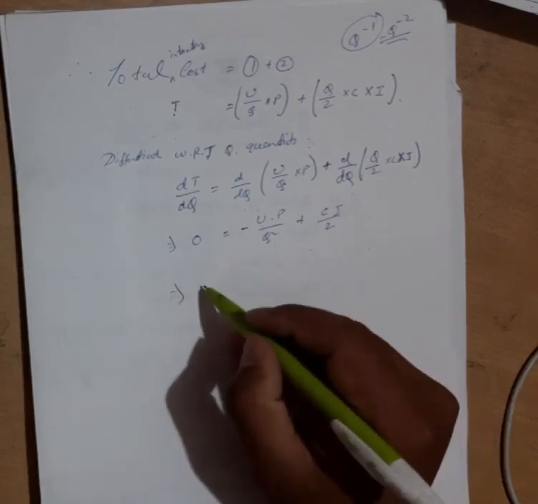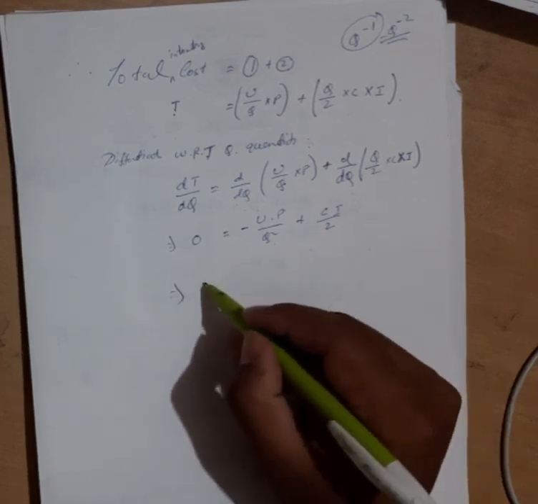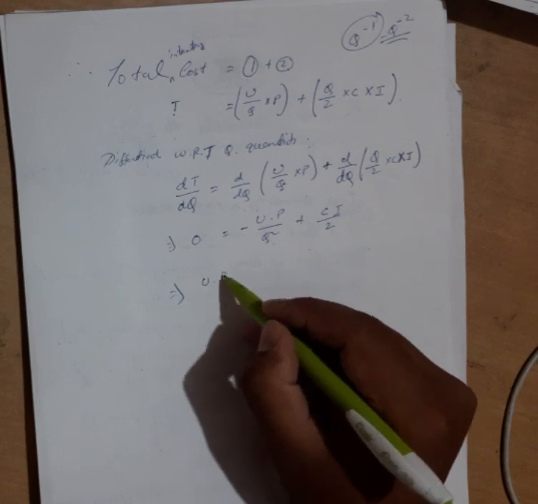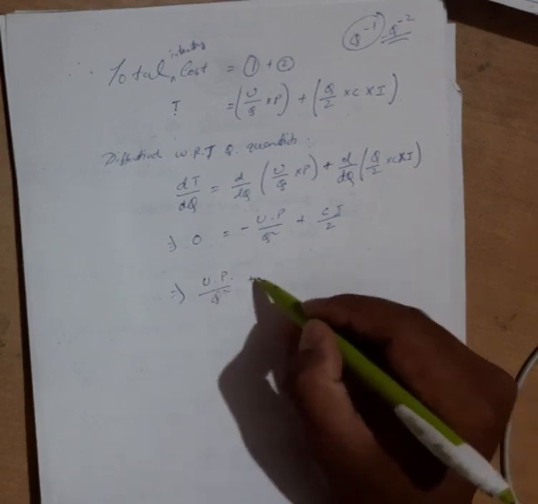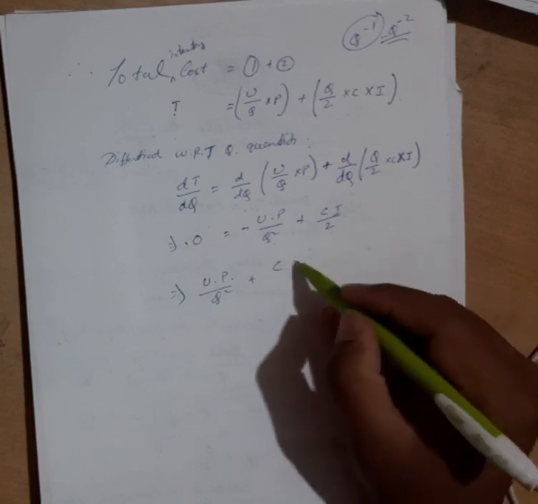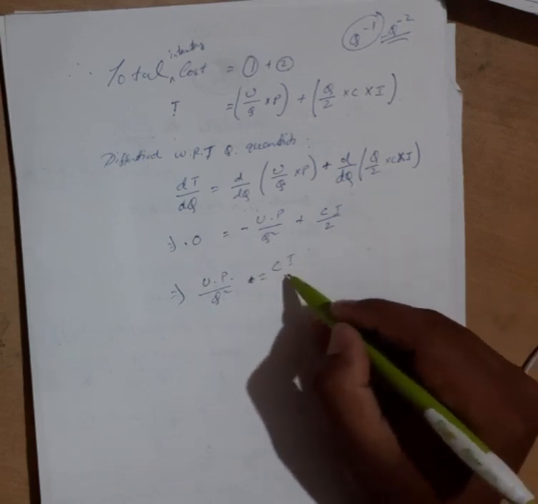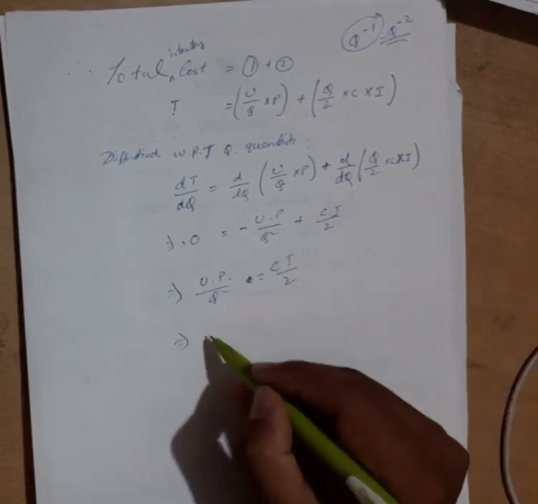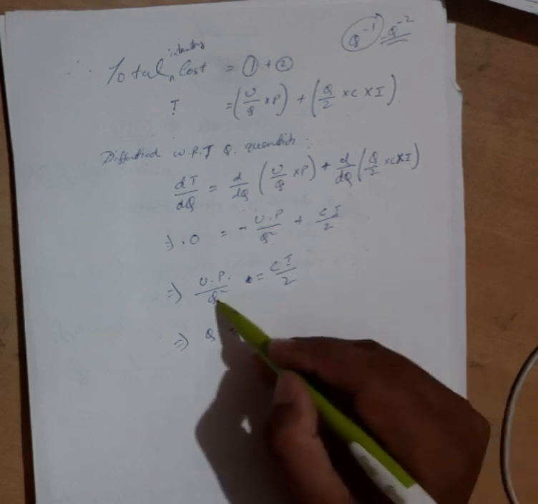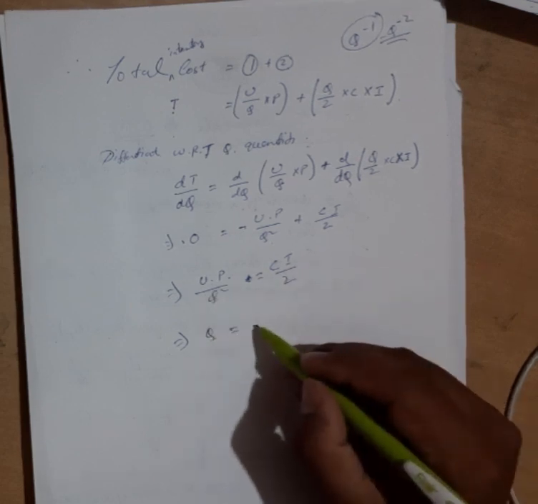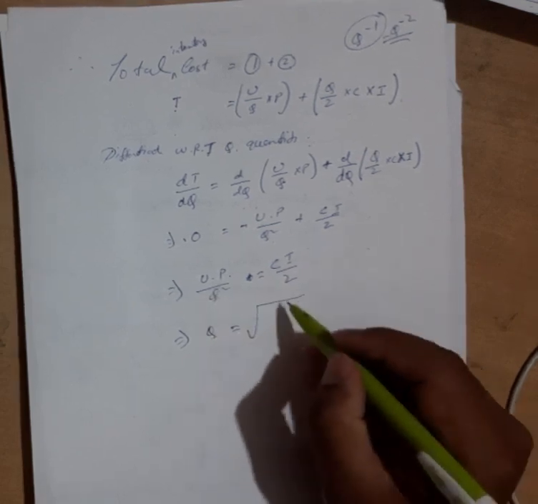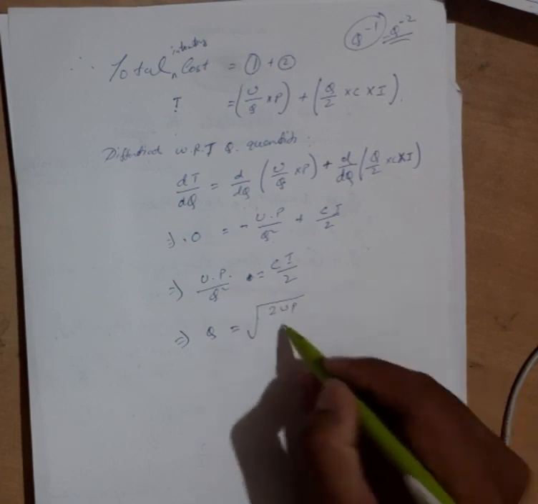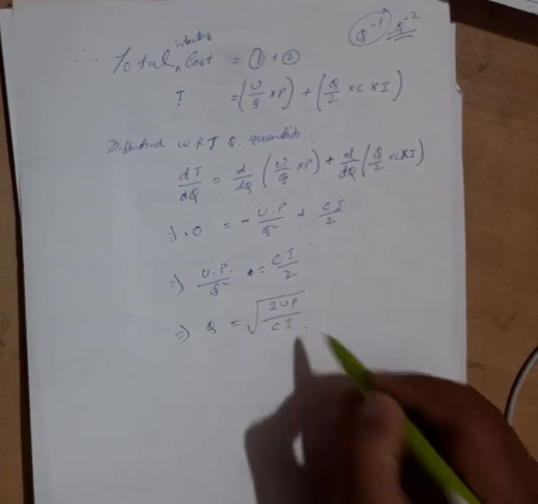Now, UP by Q square plus, this is minus, bring this side, by 2, then what will be Q? Bring this, 2UP by CI.